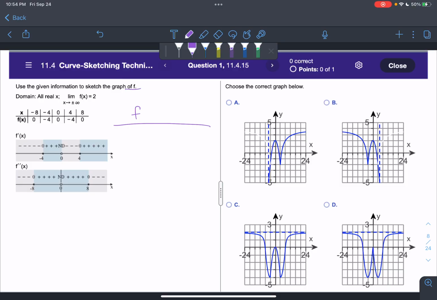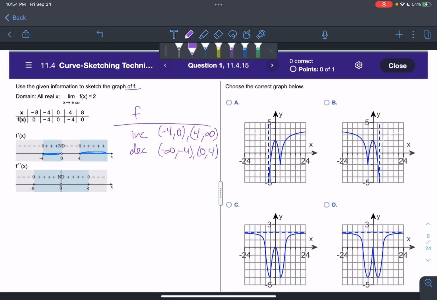So my F is increasing on the blue intervals for my first sign chart, from -4 to 0, and then 4 to infinity. F is decreasing on those gray intervals, basically the intervals I did not just name.